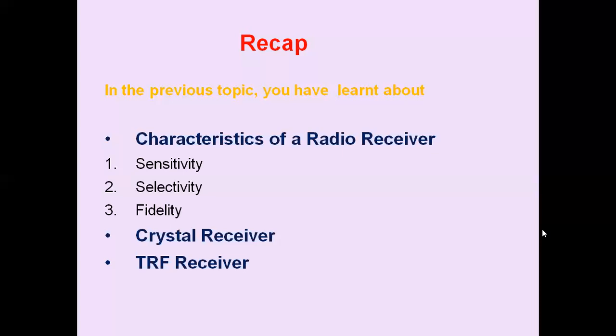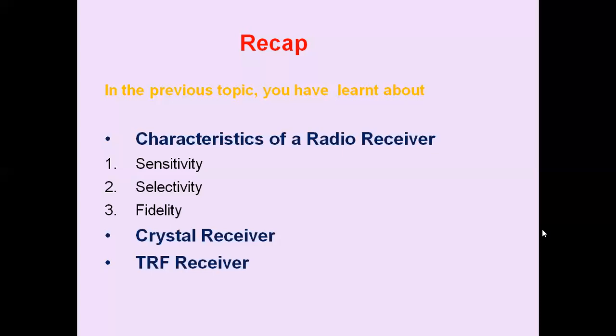The main advantages of the TRF receiver are its simple operation, excellent for fixed frequency reception, few adjustments and alignments, less complex circuit, improved selectivity compared to crystal receivers, and improved sensitivity.